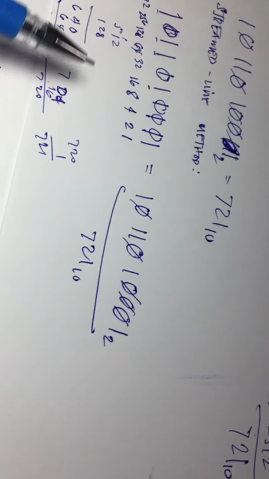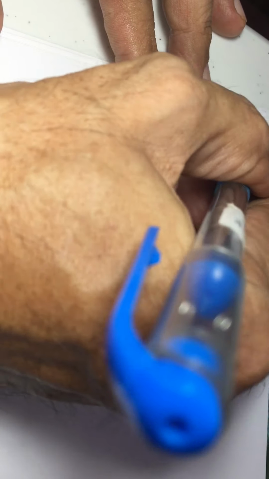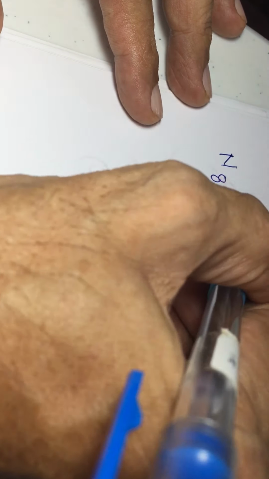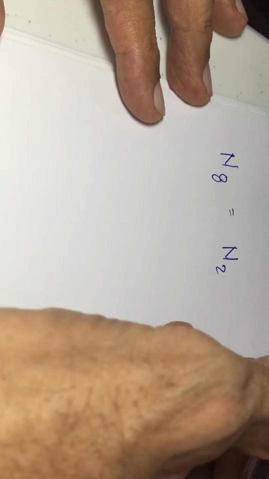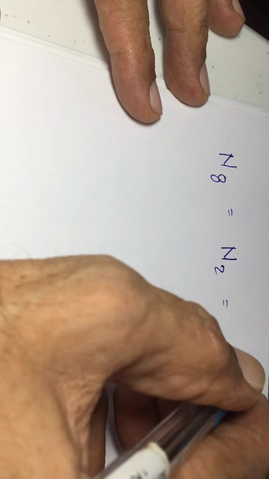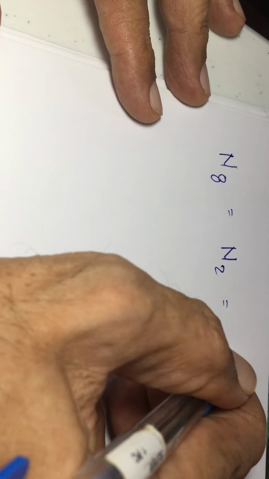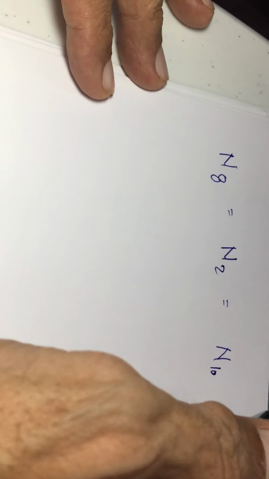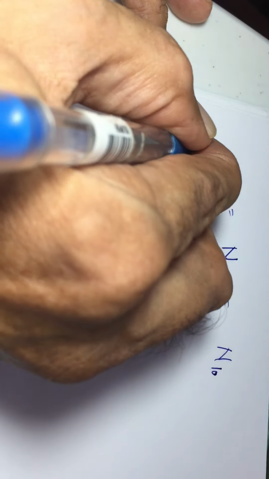Alright. Now, how about base octal? Let's say base 8 to base 2. Okay? Then convert them to base 10. Let's say we have 13 of base 8.